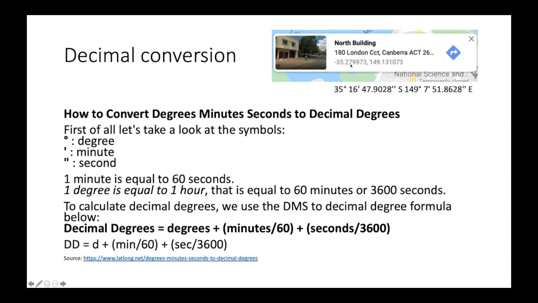I translated this decimal to these DMS, degrees, minutes, seconds, using an app on the computer, but you can also do it using this formula. Okay, so that's just something to be aware of. So when you're looking at coordinates and they're like that, it actually kind of means that. I hope that's been helpful.